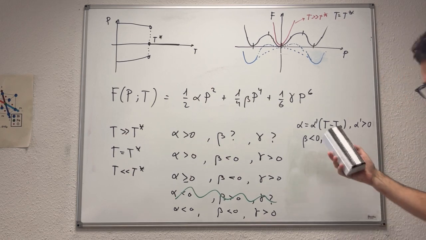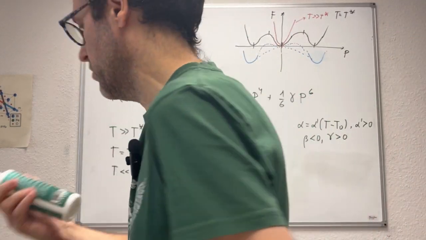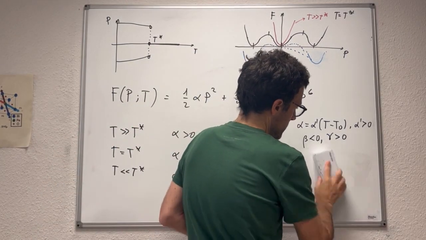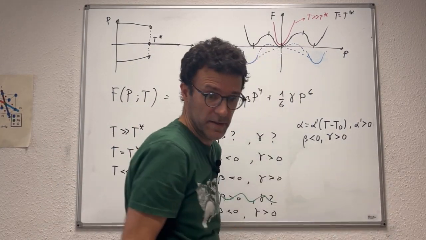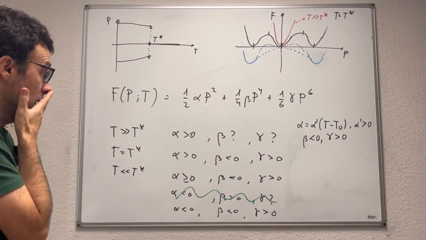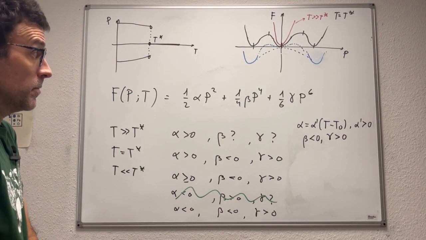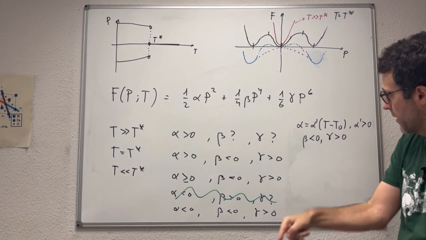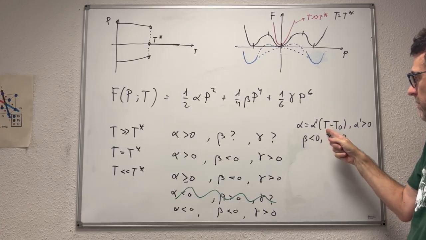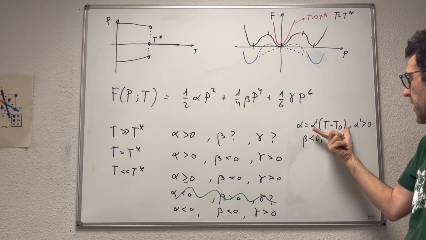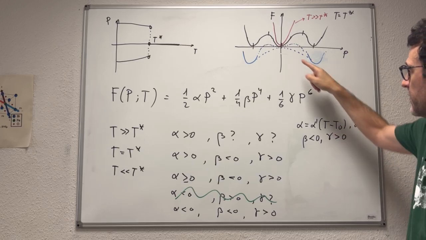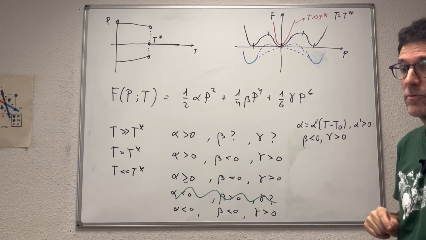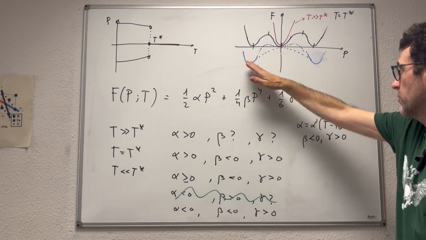Interesting. So we are introducing in the problem a new temperature. Now we have two, T star and T0. This T0 is smaller than T star. And then T0 could be either positive or negative in principle. If T0 is positive, we know that for very low temperatures alpha will be negative, particularly at 0 Kelvin. Therefore, if T0 is positive, eventually we will have a situation where there is no minimum at P equal to 0, and we only have two minima.